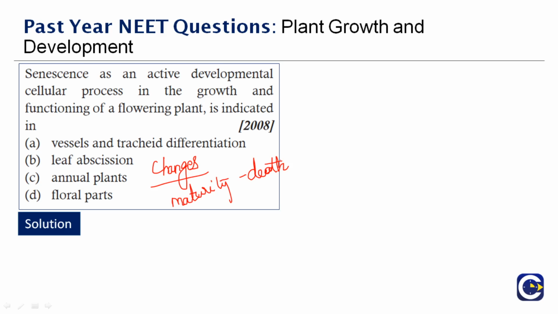So it is indicated as the changes that occur in an organism between maturity and death. You call that process simply aging. We all know that, right? Characteristically, there is a deterioration in the functioning of the cells. So this is understandable.